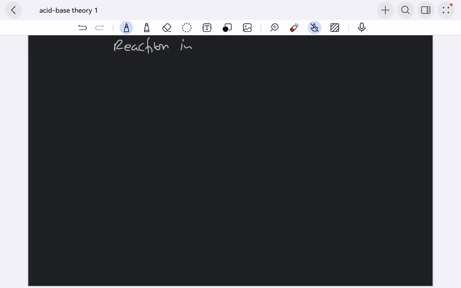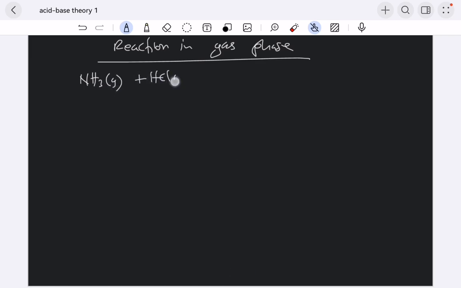If we were to look at the reaction of NH3 gas plus HCl, both in gaseous state, producing ammonium chloride, which is a solid.